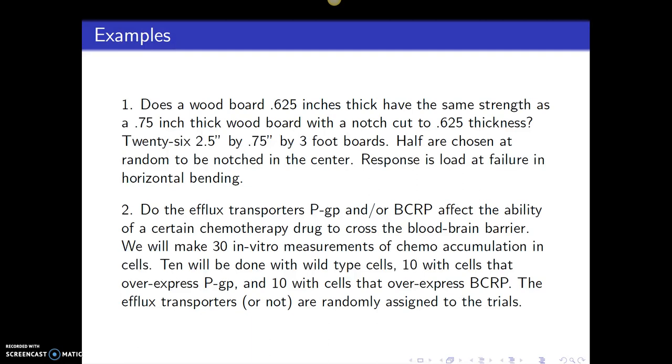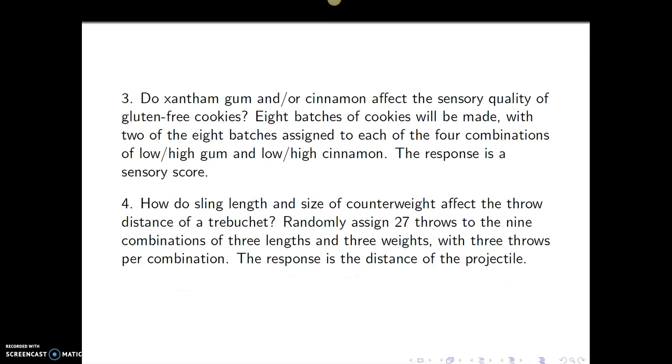So here we've got our levels: 10 done with wild type, 10 with cells that have overexpressed PGP, and 10 with cells with overexpressed BCRP. The transporters are randomly assigned to the trials. So again, 3 levels in this case, randomly assigned completely.